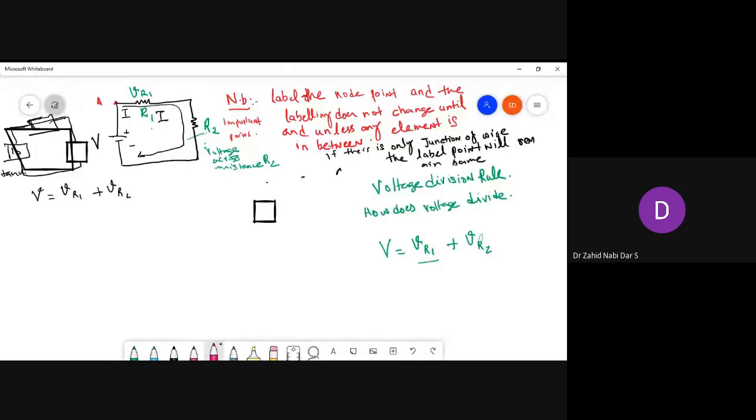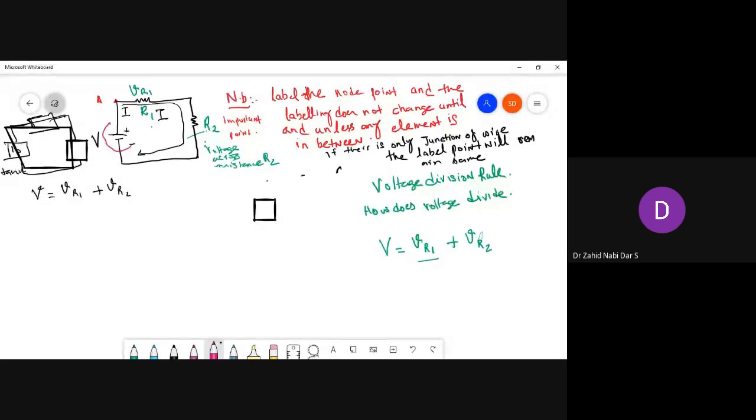So what I say is that this V, the total V, would be equal to current into the equivalent resistance. Equivalent resistance means the total resistance of the circuit, R equivalent, because the current is remaining the same.